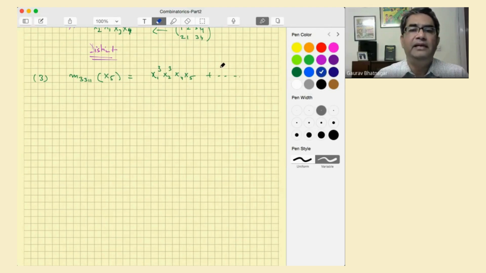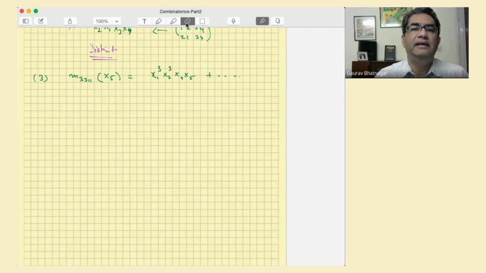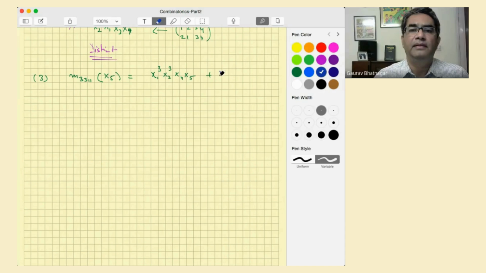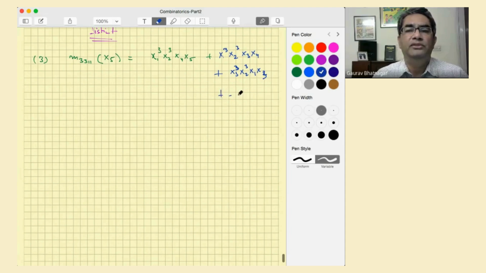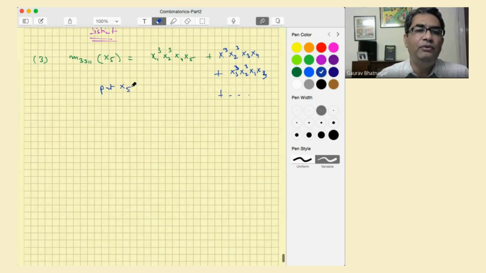Okay, so there are many terms here. Let's say x1 cube, x2 cube, x3, x4 is here. There could be x5 cubed, x2 cube, x1, x3, and so on. So you could have many terms here, but if you put x5 equal to 0, what do you get?